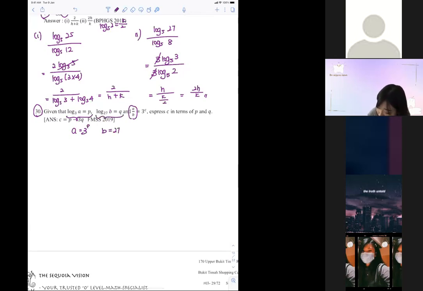B is 27 power Q. So you have A over B equals 3 to the C. Everything made in terms of 3. 27 is 3 to the 3Q. Then very easy already. Divide means minus. C equals P minus 3Q. That's it.